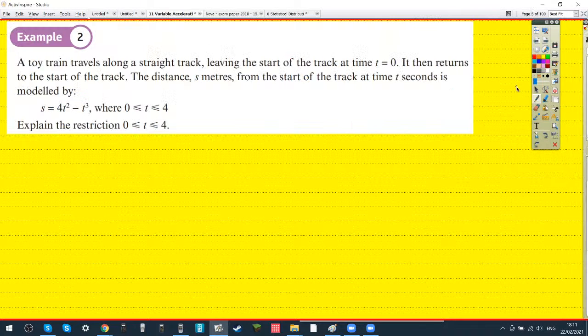Okay. So let's take a look at this one. Should I put this into my calculator again? Yeah, why not?